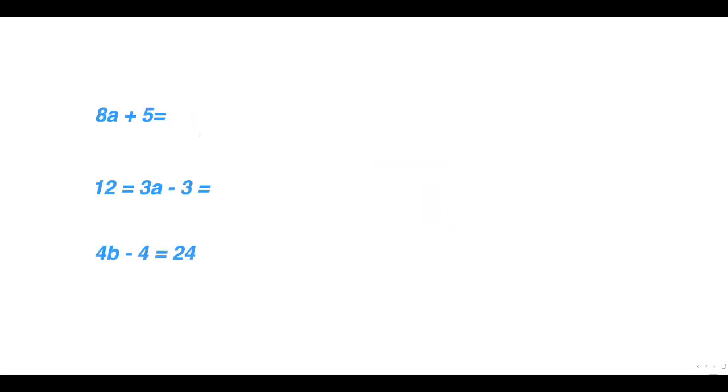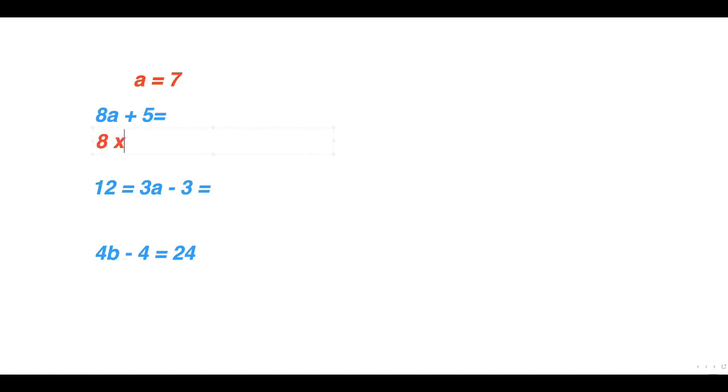There are a few questions here that I would like you to work out. So remember, a equals 7. I just want you to pause the video and see if you can do this. Okay, well done. So let's try that.